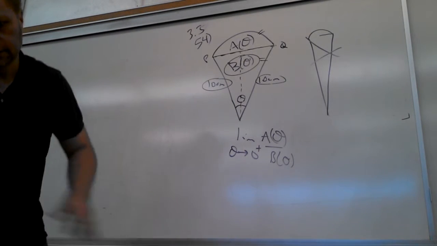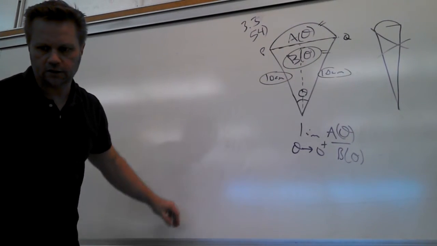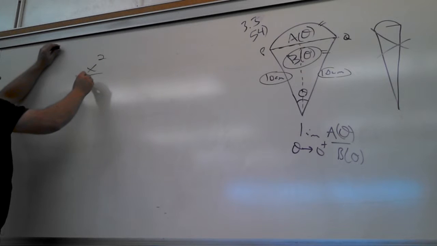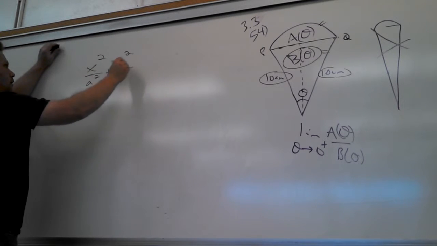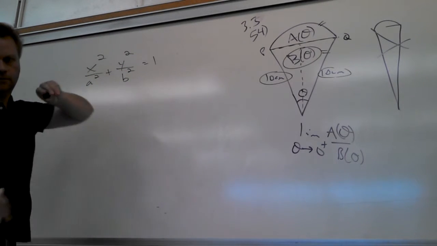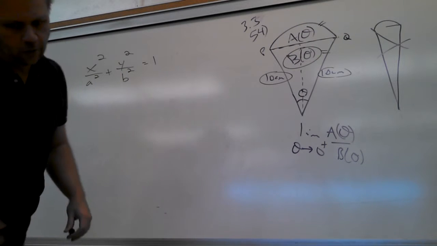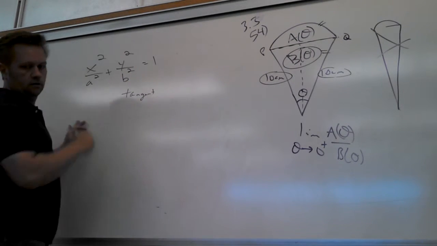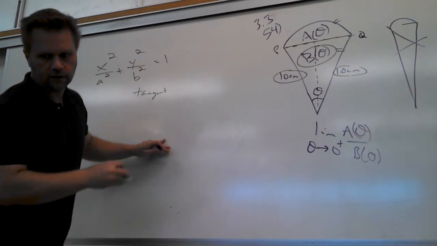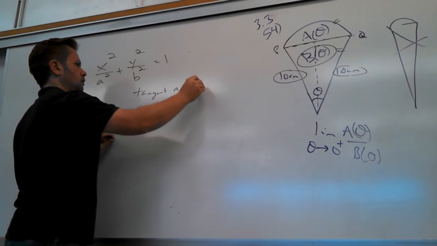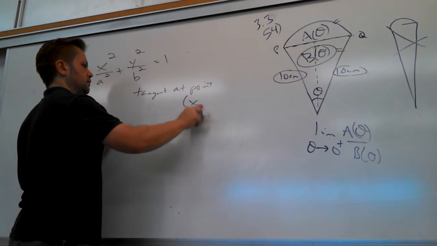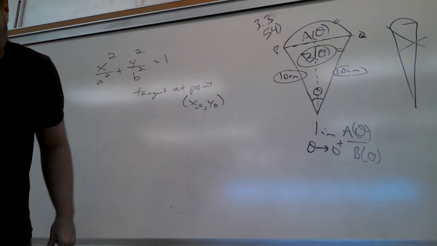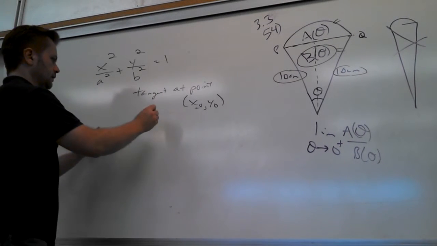So it says, show by implicit differentiation that the tangent to the ellipse at the point x naught, y naught, is this.